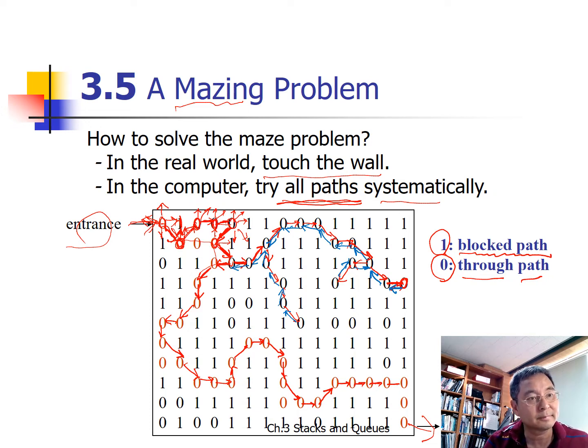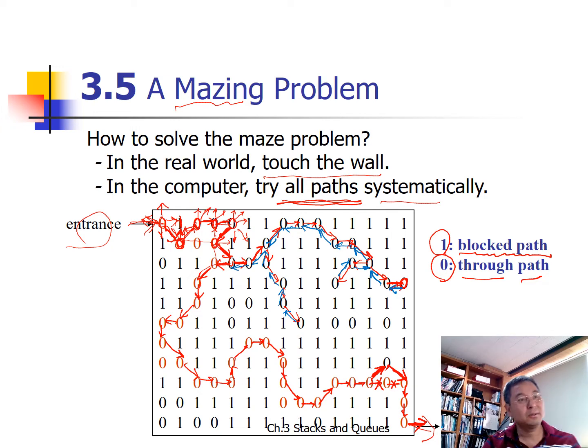This is not correct. This one is the correct one, and then this one. This is incorrect, and then this one, and finally we arrived at the exit here.